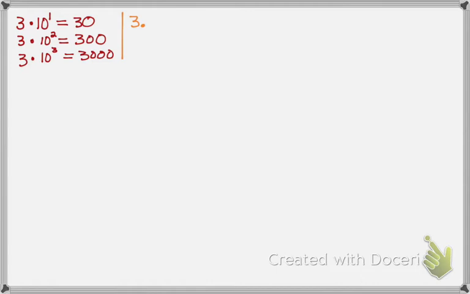So if you're multiplying by 10 to the first power, what you're doing is you are moving the decimal one space. Then if you have 3 times 10 to the second power, you have 3 point, and you're moving the decimal point 2 spaces.